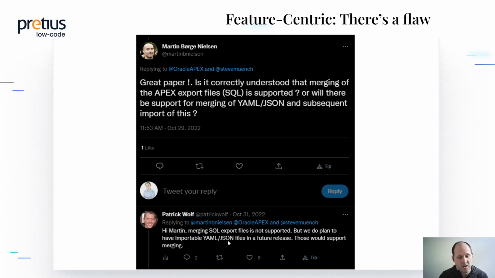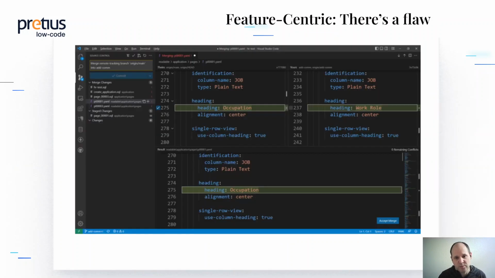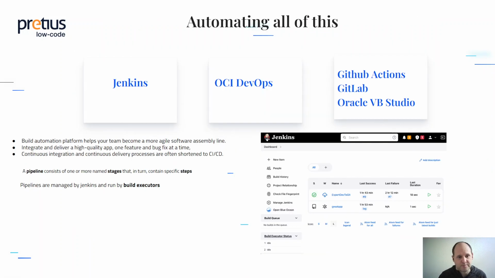So until that comes, you can do feature-centric development as long as there is no situation where you can get merge conflicts. So you can use page lock-in and communication and all the tools at your disposal, to try and avoid that as best as possible, and it should be able to work.